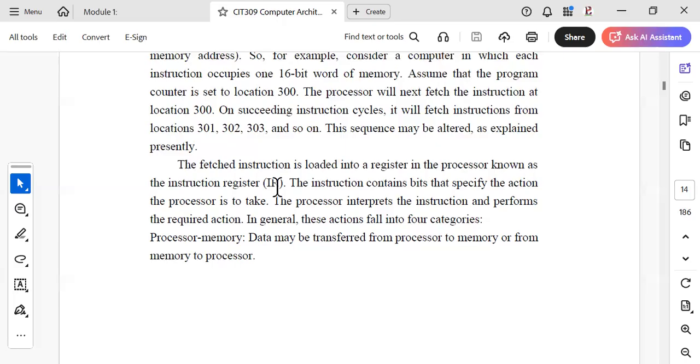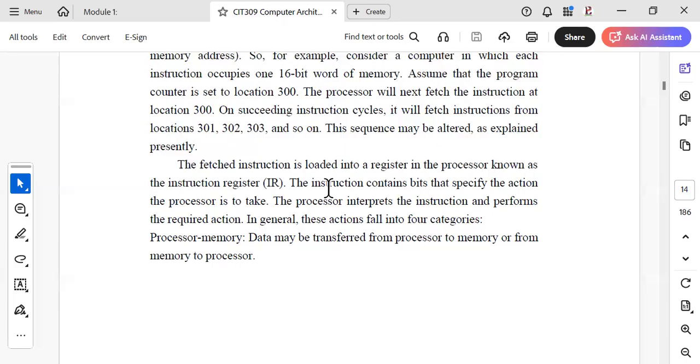The fetched instruction is loaded into a register in the processor, which is known as the instruction register. Now, the instruction contains bits that specify the action the processor is to take.